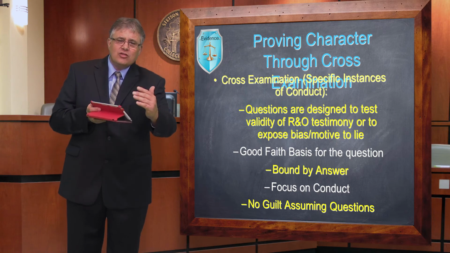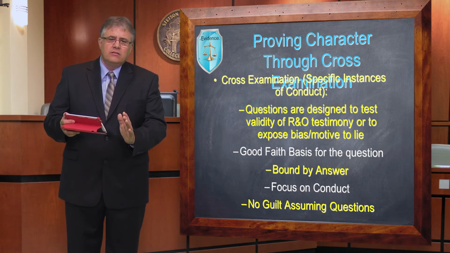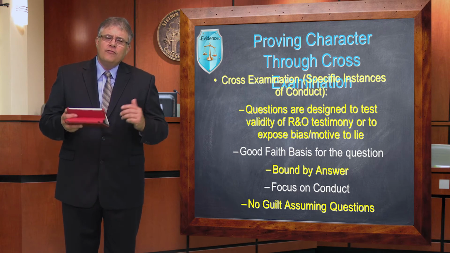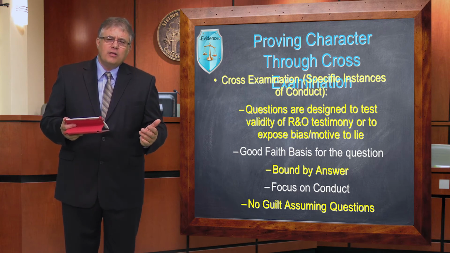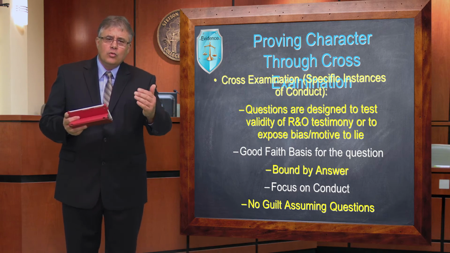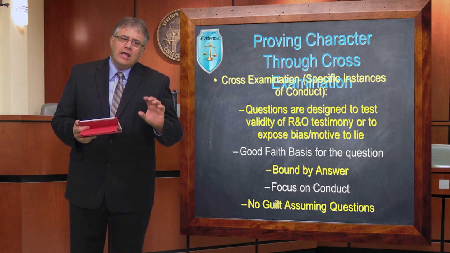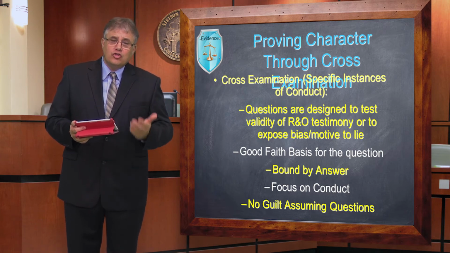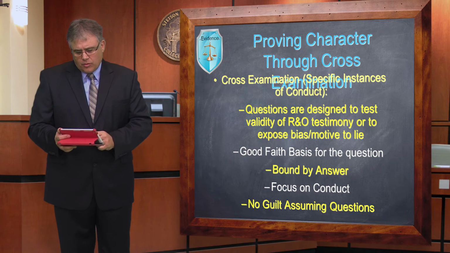The idea is to test the validity of the reputation or opinion testimony. You know, if you've given this opinion testimony, did you know this, this, and this? Oh, you didn't. Would knowing this change your mind? It's to place in context how much weight the jury should give to that particular testimony on the part of the witness.